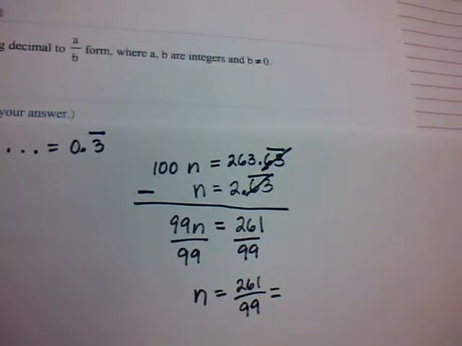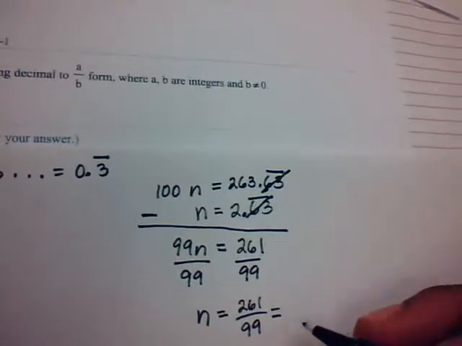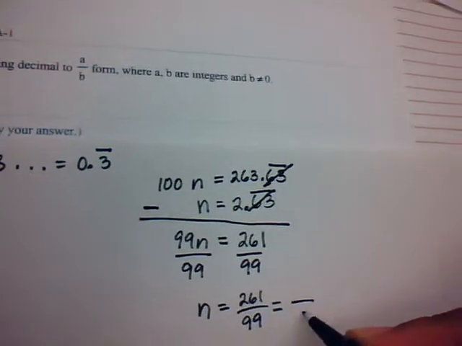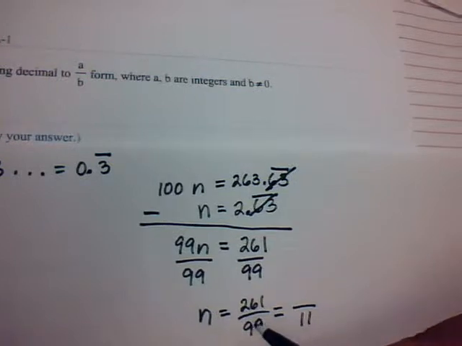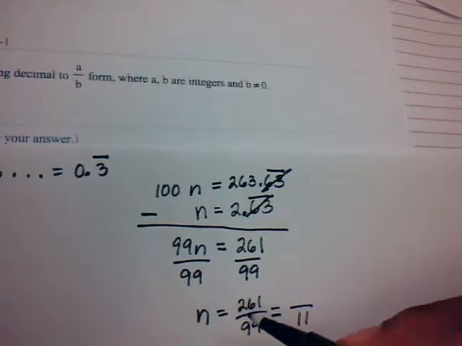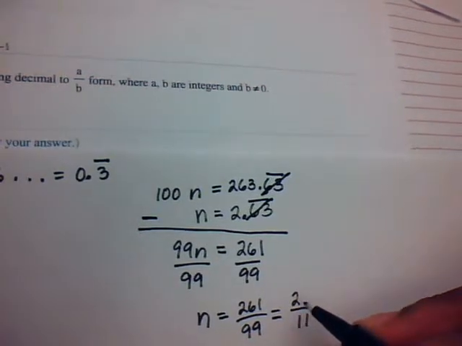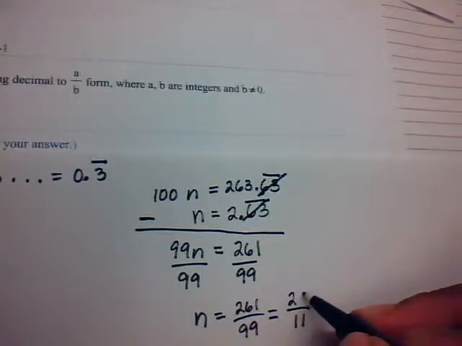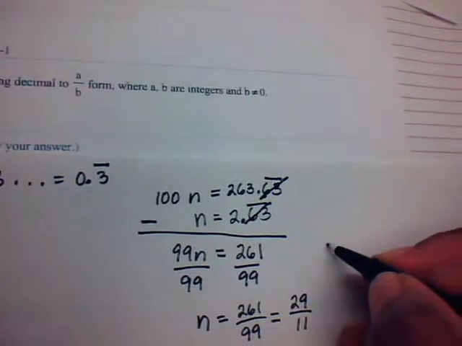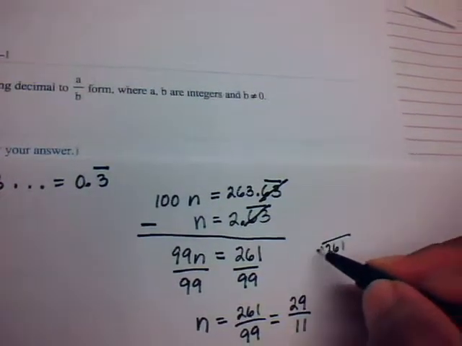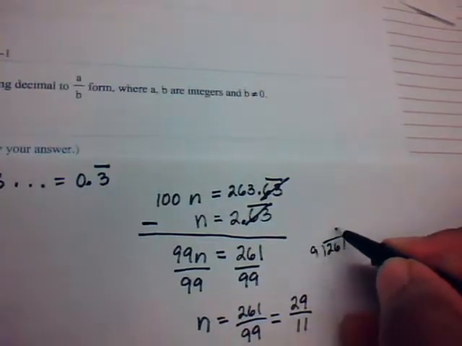Here in this case, I'm going to divide the numerator and the denominator by 9, because I know the denominator is going to be 11. Now if I divide 261 by 9, that's going to give me 29 over 11. I can do this on the side here if I want to.